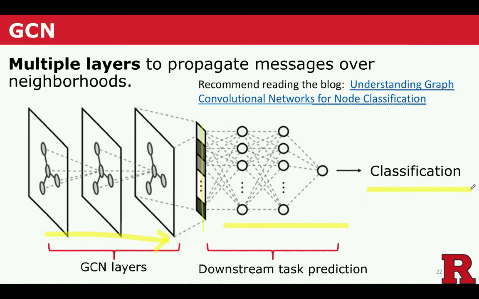GCNs leverage node features and can be applied to unseen graphs in inductive settings. I would recommend reading this blog, Understanding Graph Convolutional Networks for Node Classification. So if you have time, please take a look if you are interested in GCNs.